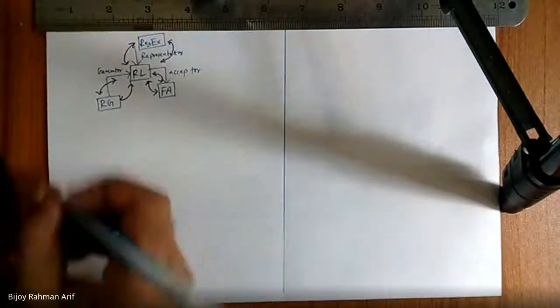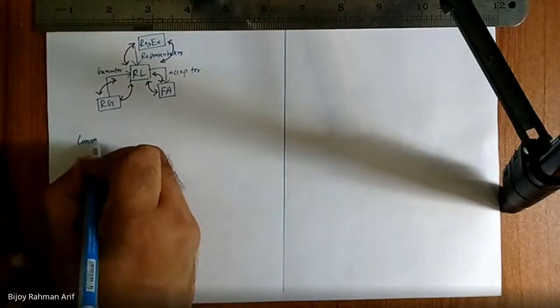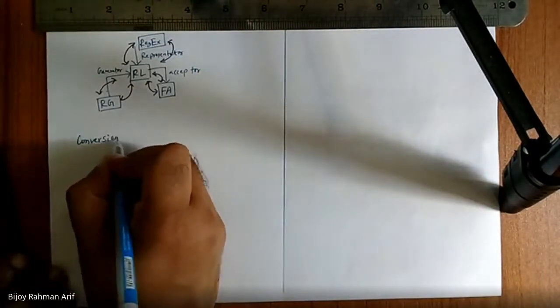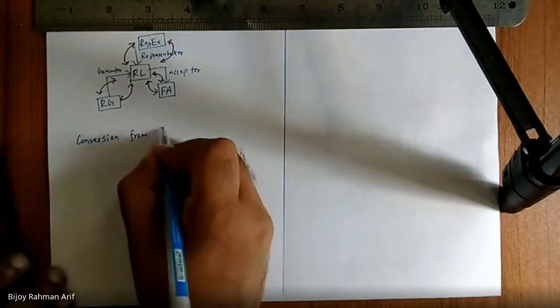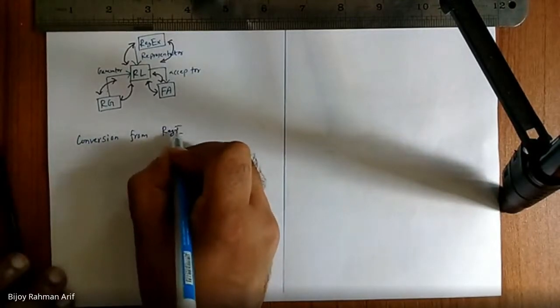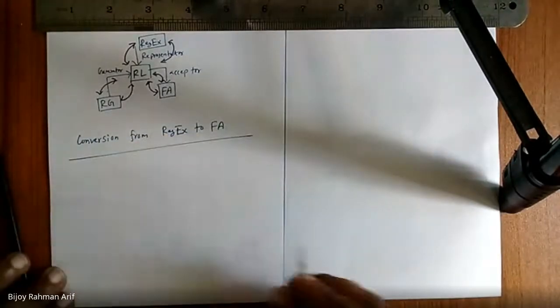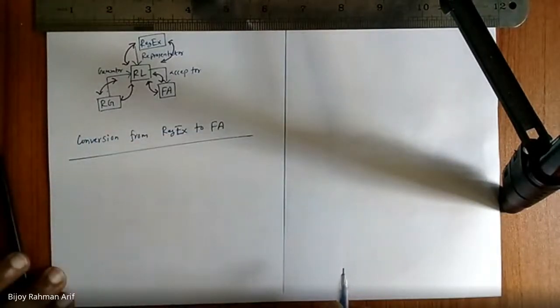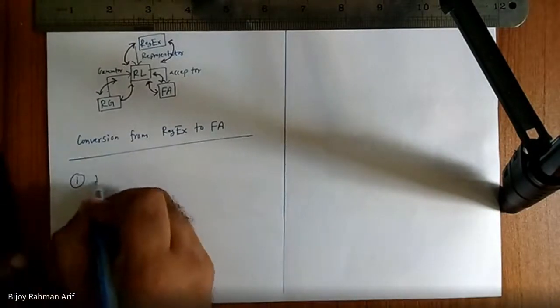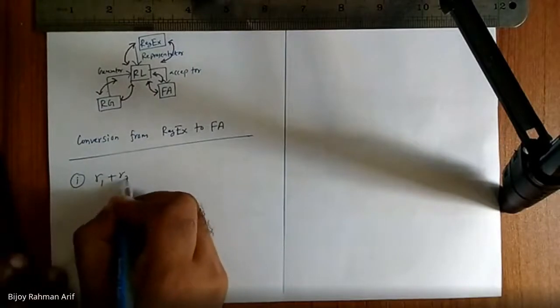So, conversion from regex to finite automata. What is the conversion from regex to finite automata? Very simple. The rules are very simple. R1 union R2.